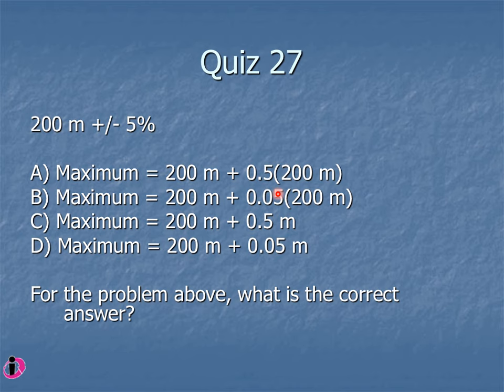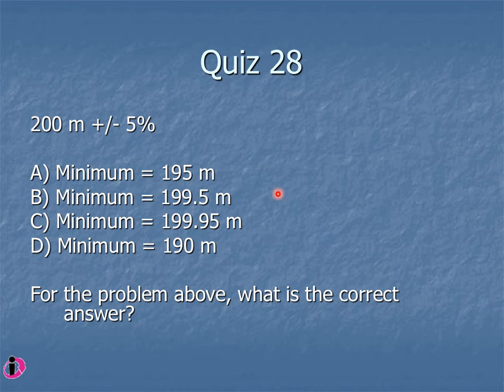What will be the minimum? If you subtract that value, meaning 200 meters minus 10 meters, it makes 190, so the right answer for the minimum is D.